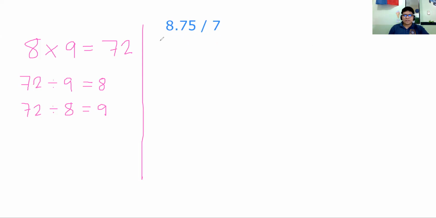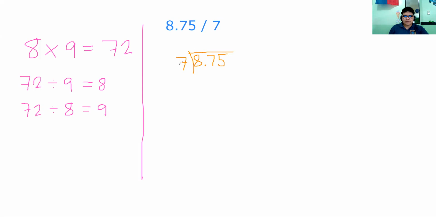So as with all division problems, we can write that into our division house, where the dividend, or the total, is inside, and then the divisor, or the number of groups that we are going to divide the whole into, is going to be outside of the division house.